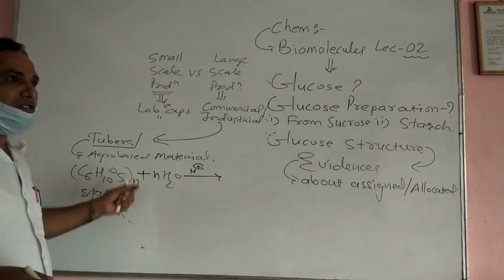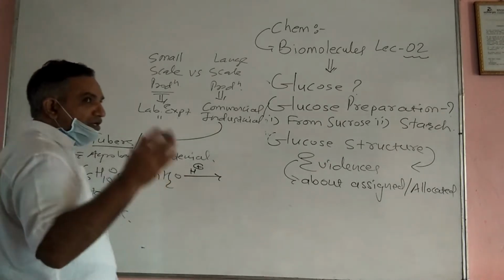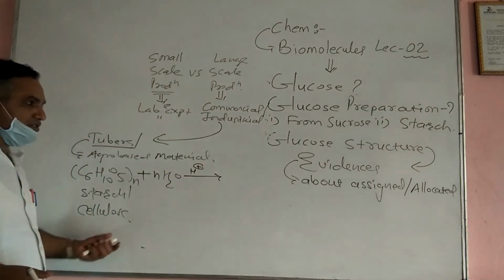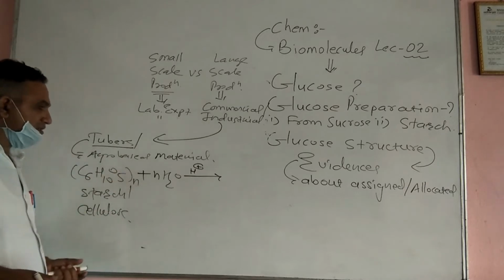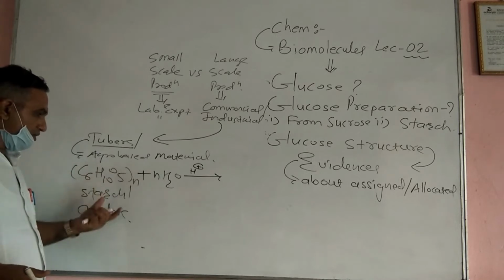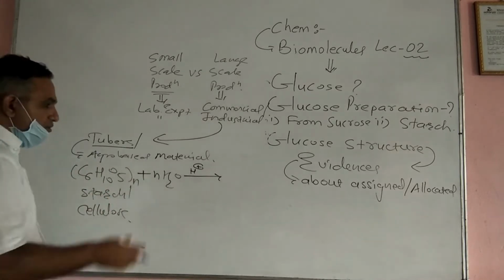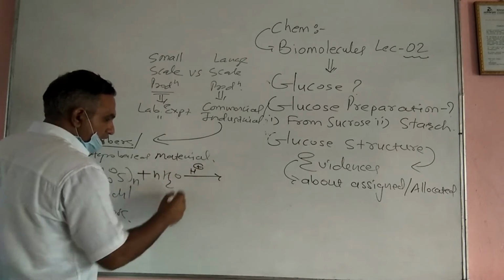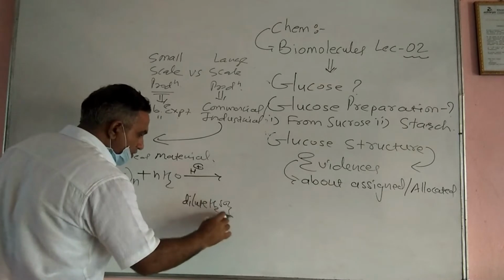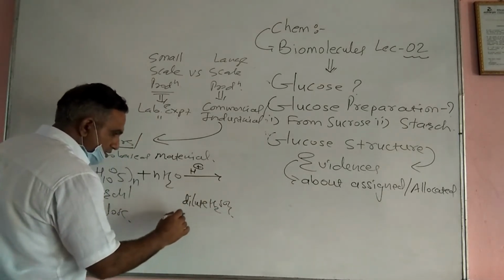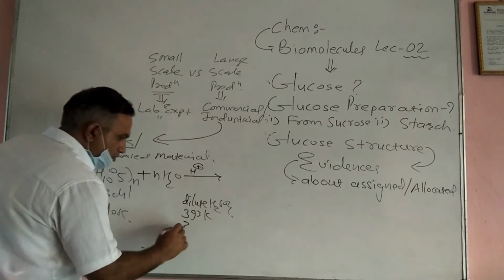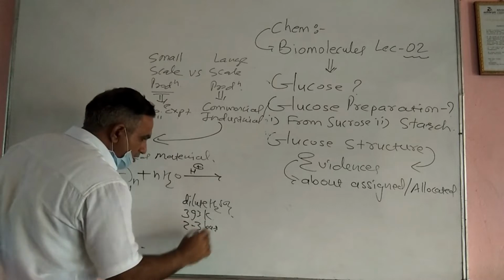तब आप क्या करेंगे कि इसको बाद में you have to maintain some conditions for this hydrolysis of starch, for this large amount of starch, you have to maintain the conditions as like here dilute H2SO4, then along with this, the temperature 393 Kelvin, then 2 to 3 bar pressure.